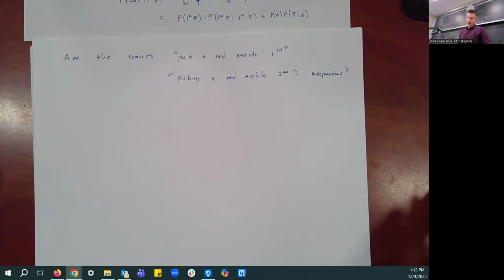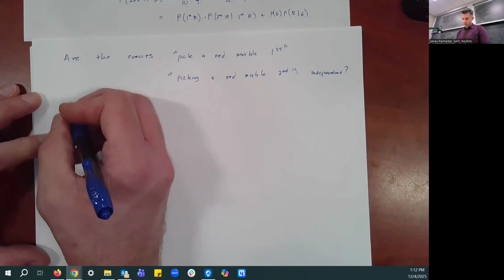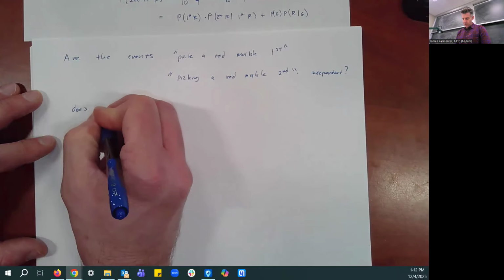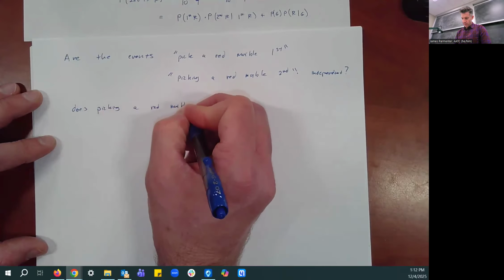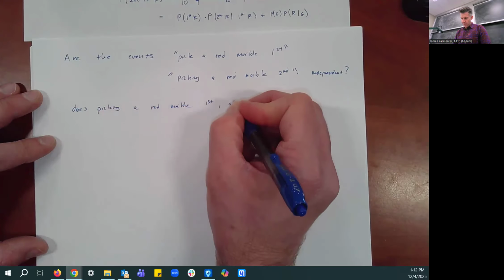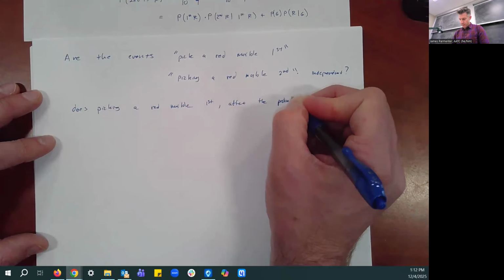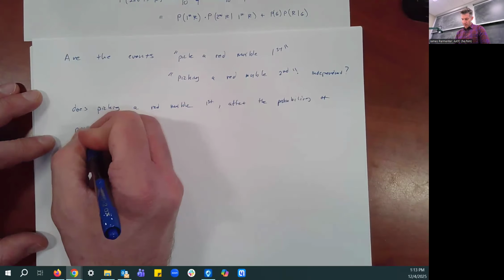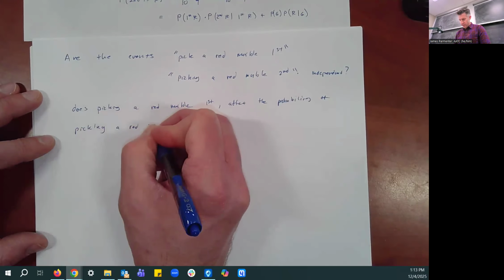I'm probably thinking about this one where I'm saying, okay, well, I want to know essentially, does picking a red marble first affect the probability of picking a red marble second?